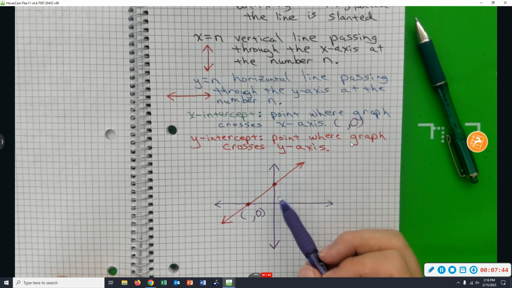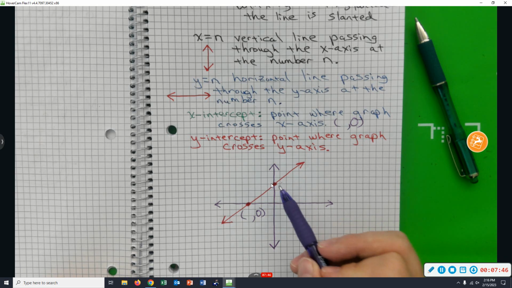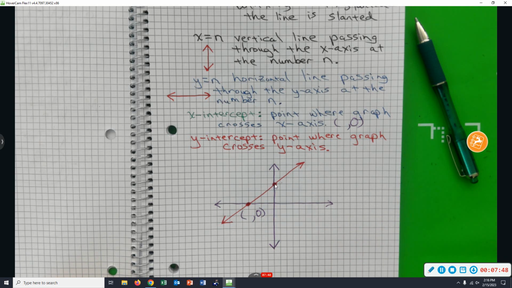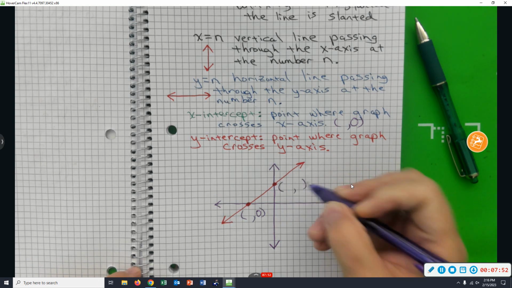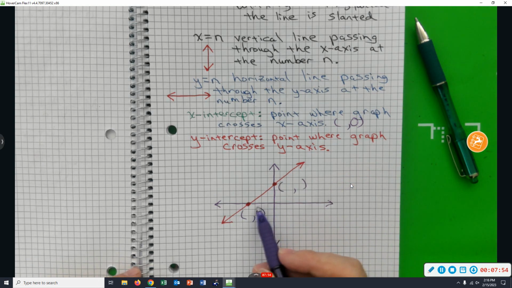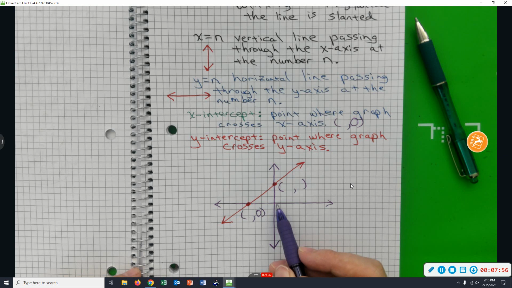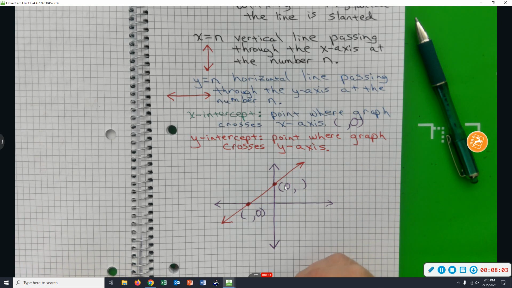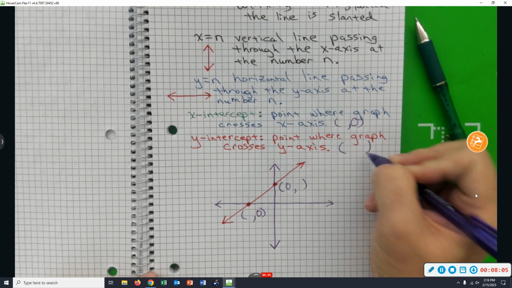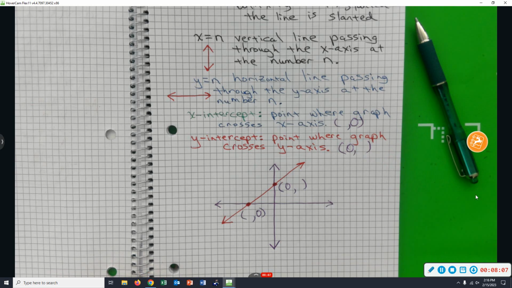Apply that same logic to the y-intercept. What can we conclude about the y-intercept? You don't want to move left or right, or else you're not on the y-axis. So your x-coordinate is 0, and your y-coordinate is some other number. Any questions there?